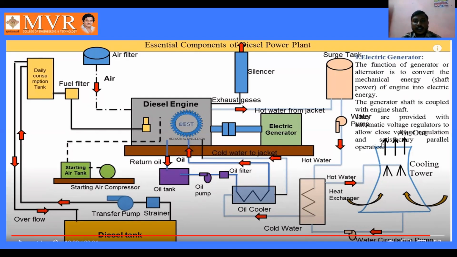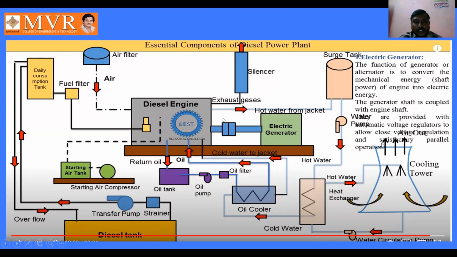Here we are using the electrical generator. This is the last component used in the diesel power plant. The function of the generator or alternator is to convert the mechanical energy of the engine into electrical energy, by using the shaft.